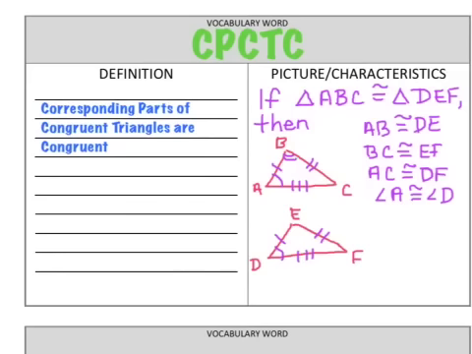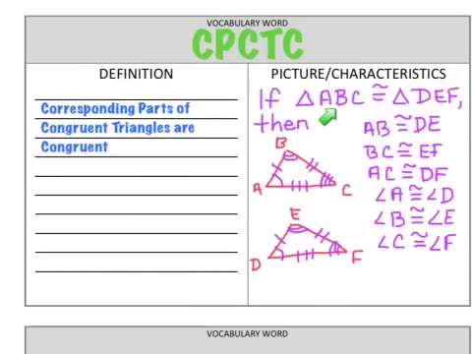Angle B is congruent to angle E. And one more. Angle C is congruent to angle F.